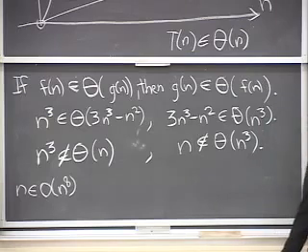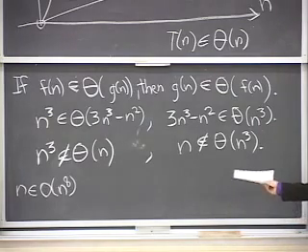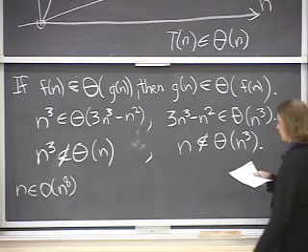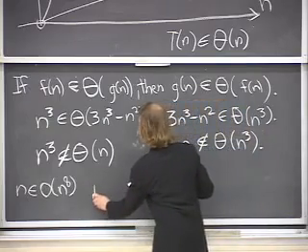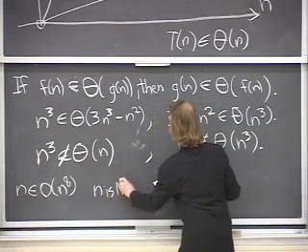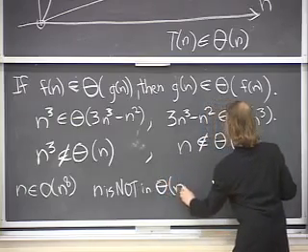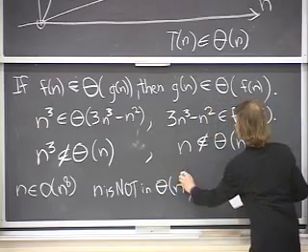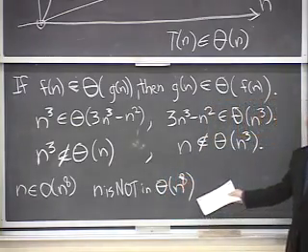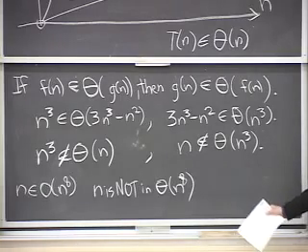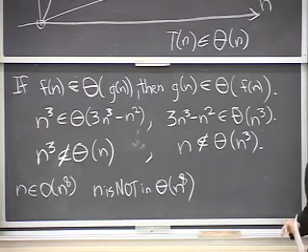It's misleading, but it's true. But theta notation can't be misleading in this way. So n is most definitely not in big theta of n to the 8th. So if I say your algorithm runs in big theta of n to the 8th time, it really is slow.